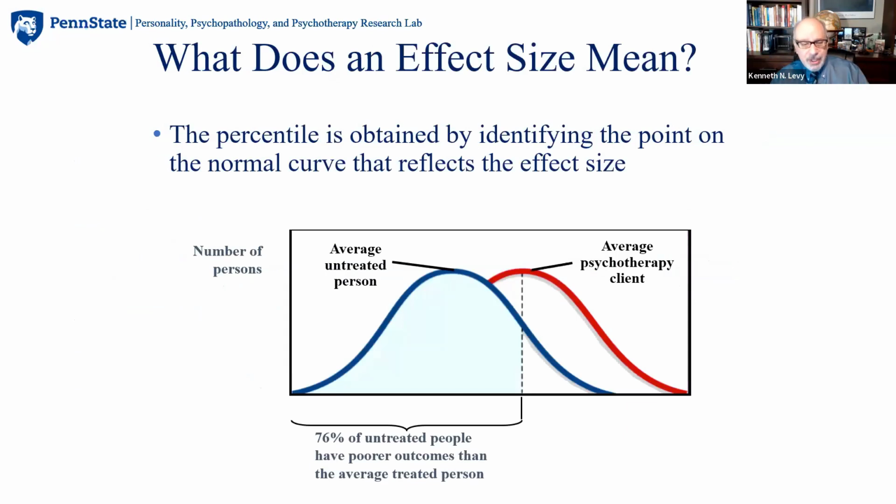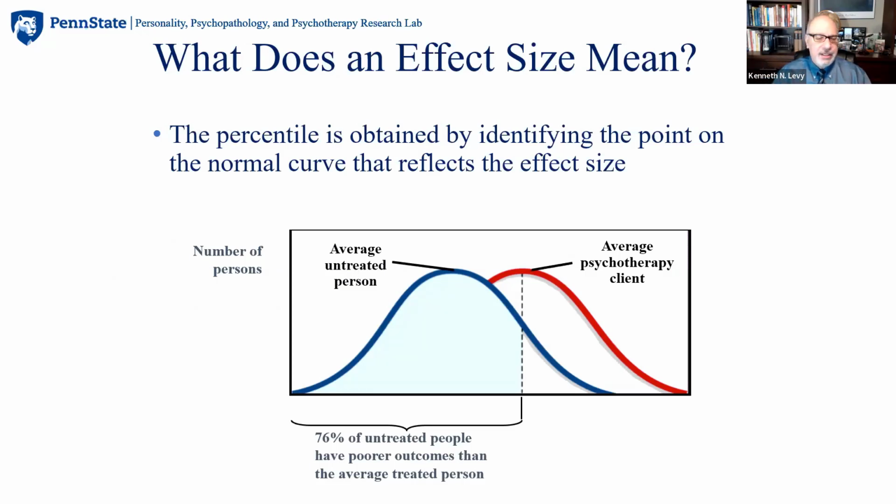So what is an effect size? An effect size is essentially determination of either a pre-post or a between groups effect, the differences between either time 1 and time 2 in the pre-post, or differences between one treatment and another treatment.